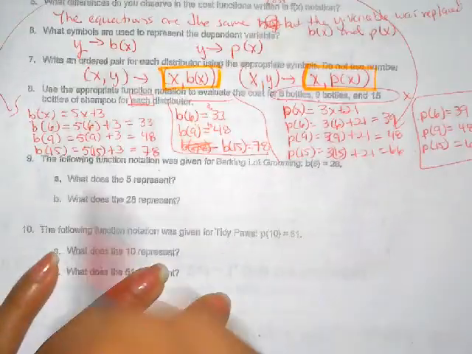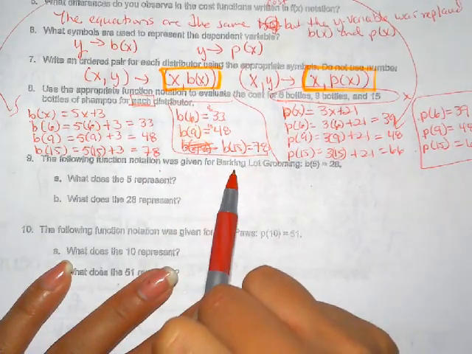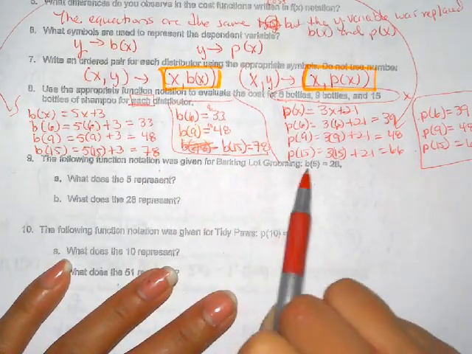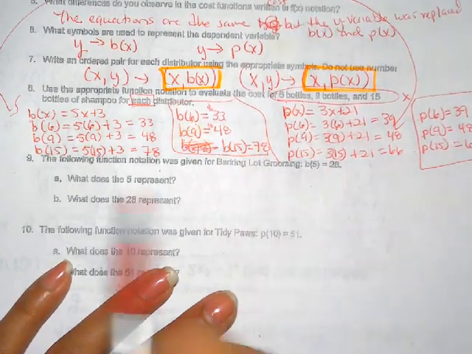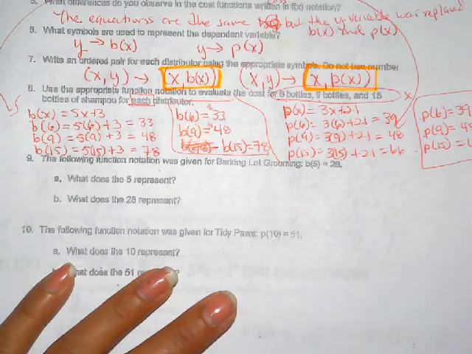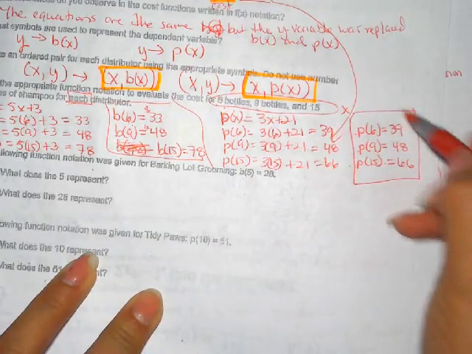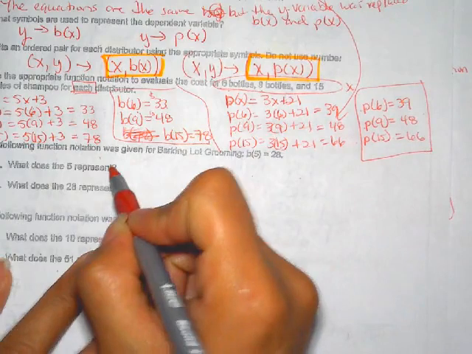All right, number 9. Almost done, guys. The following function notation was given for Barking Lot Grooming. b of 5 equals 28. What does the 5 represent? So remember what this represents and what this represents? So inside the parentheses, the 5 is going to represent what again?